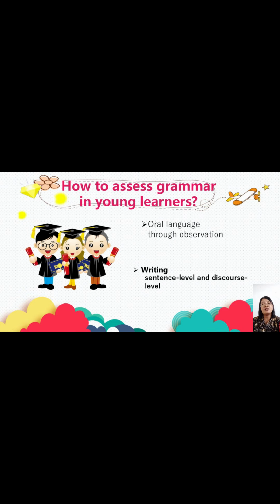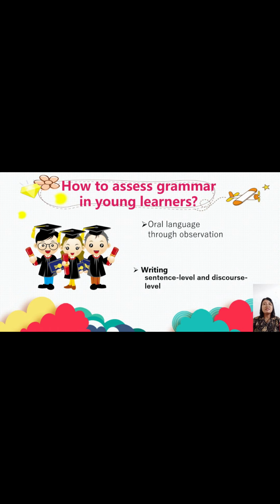It's required for the children's successful adjustment in the classroom. And then as young learners progress in their language ability and cognitive maturity, observation and analyzing can look more closely at their knowledge of grammatical form at the sentence level and discourse level.